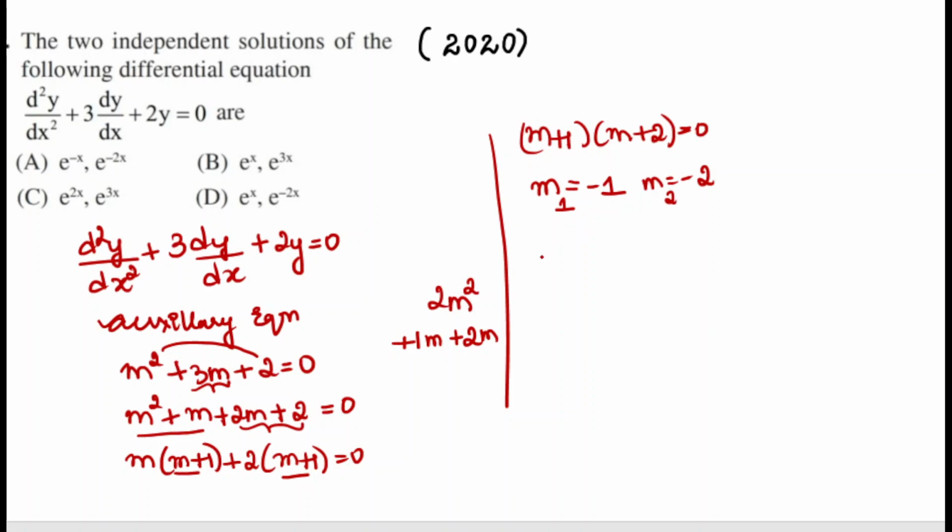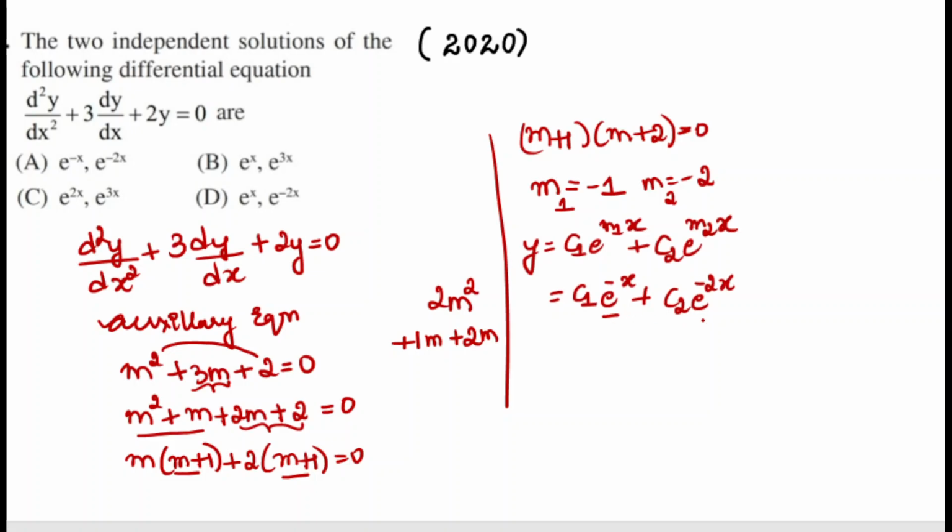We have a solution, the complementary function, or the general solution, you can call it anything. So y is equal to c1 e to the power of m1 x plus c2 e to the power of m2 x, where c1 and c2 are constants. With m1 equal to minus 1 and m2 equal to minus 2, that is c1 e to the power of minus x plus c2 e to the power of minus 2x.